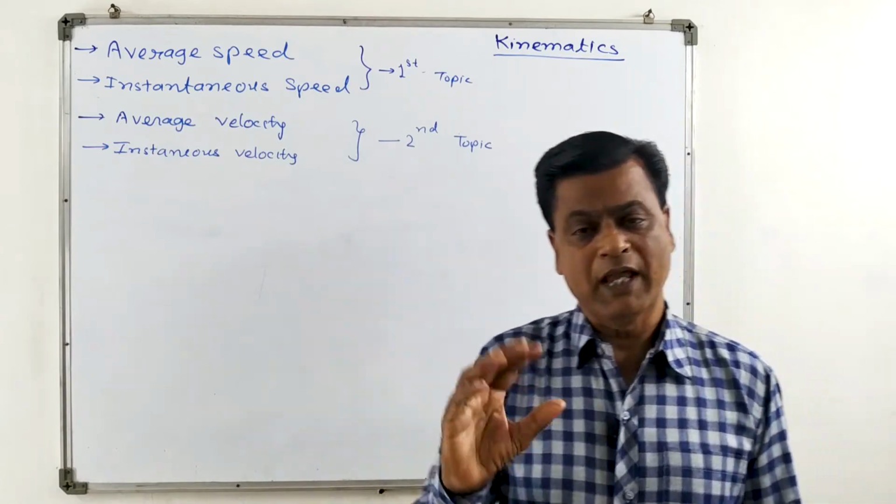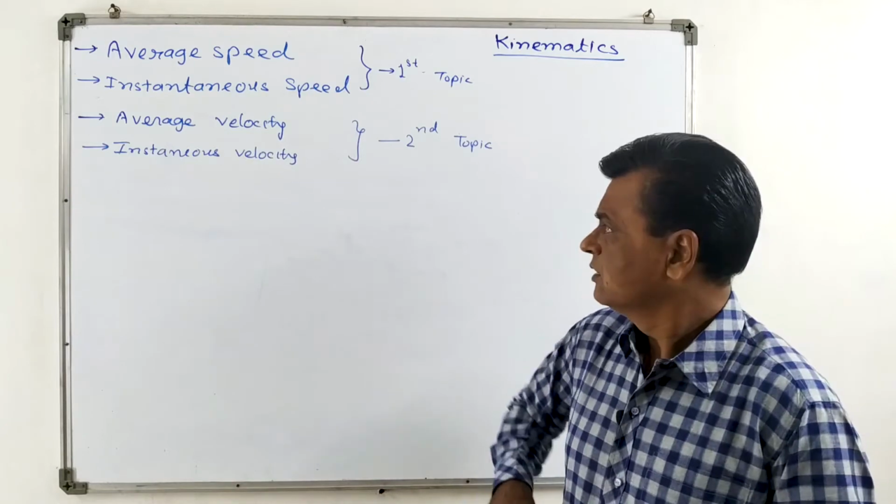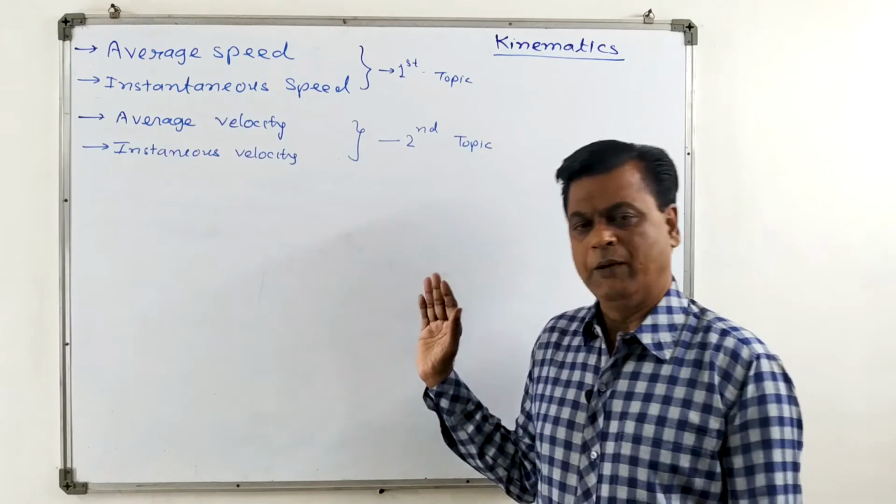Now what do you mean by average speed? Average speed is defined as the total path length traveled divided by the total time taken during which the object is in motion. Average speed is equal to total path length divided by total time taken.